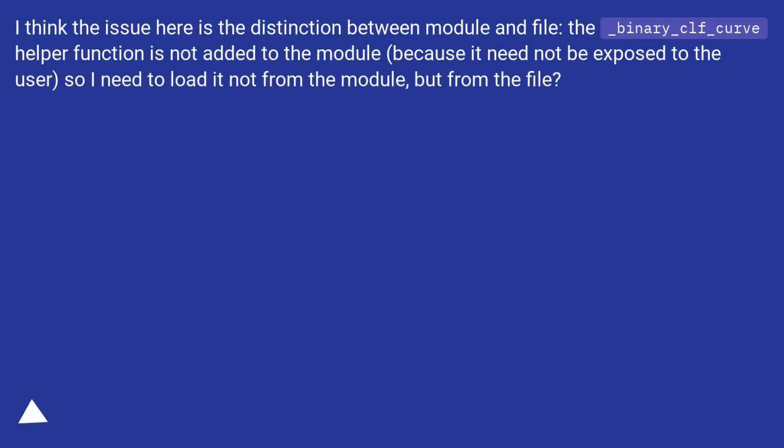I think the issue here is the distinction between module and file. The _binary_clf_curve helper function is not added to the module, because it need not be exposed to the user, so I need to load it not from the module, but from the file.